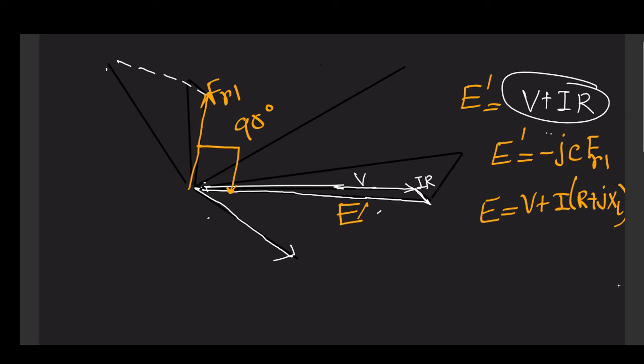This resultant MMF we considered as FR, which was a sum of F0 plus A. Now this FR, you can also write that E, although we should note that this E also does not exist in reality.